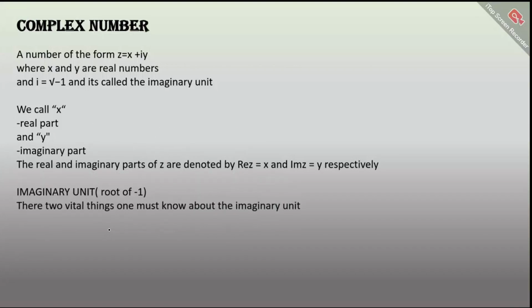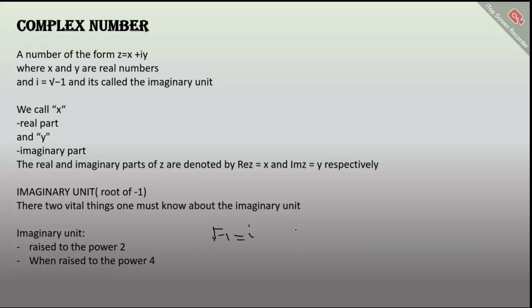You're supposed to know what it is when it's raised to the power 2. It sounds very simple, but in a lot of questions it's going to be applicable. And you're supposed to know what it is when it's raised to the power 4. Let's talk about this in detail. We are saying the imaginary unit is equal to the root of -1.